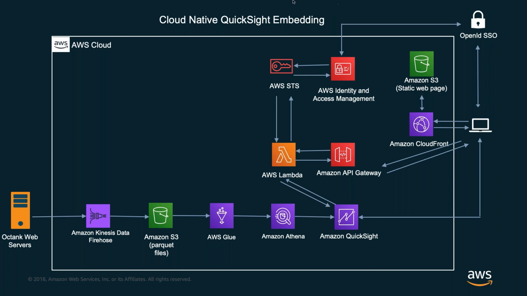Now, in doing that, you can rip and replace the SSO with the provider of your choice. This part of it, S3 CloudFront, you can replace with your own web server. The compute, API Gateway and Lambda, you can replace with your own compute mechanism. The core concept is just being able to assume a role and making that API call.